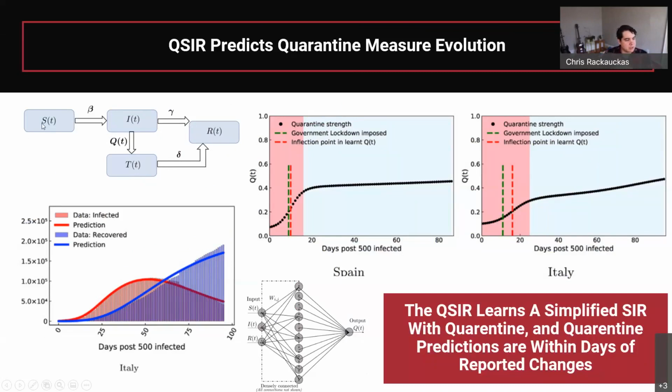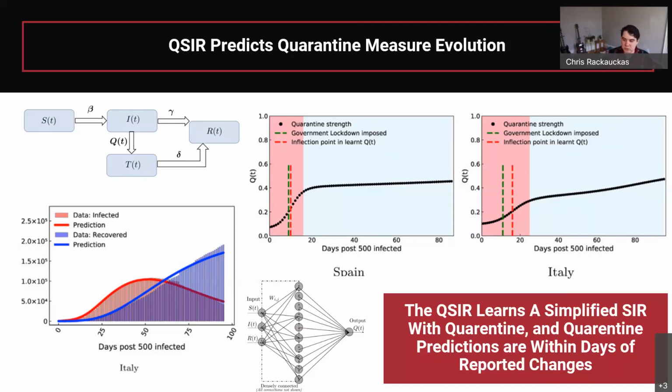Very simple mechanistic extension, but the key here is that quarantine policies are different in every region of the world, right? And so we asked the question: if we do a semi-mechanistic model like this, and we have Q of t be some function, some universal approximator which we learn, do we actually learn something that is mechanistic, right?